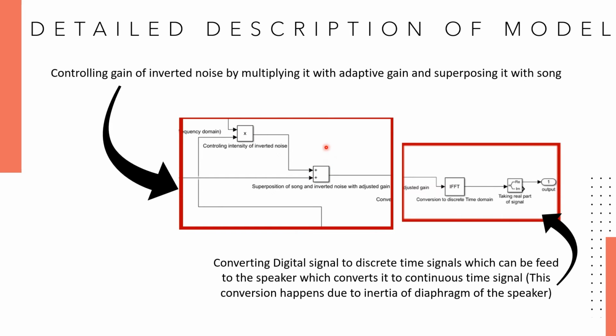Then we are superposing this with the original song. Next, the superimposed signal, which is currently in the digital format, is converted to the discrete time domain format using IFFT and taking the real value of the IFFT, which we can feed to our speaker, which due to the inertia of its diaphragm converts this discrete time domain signal to a continuous time domain signal.